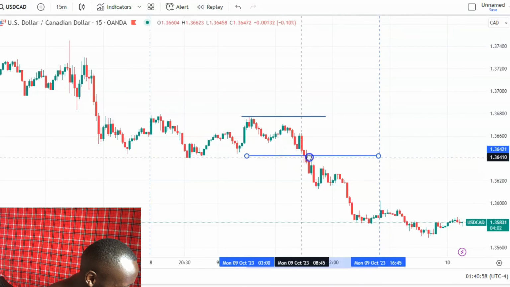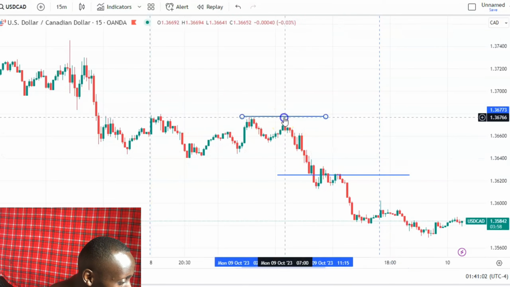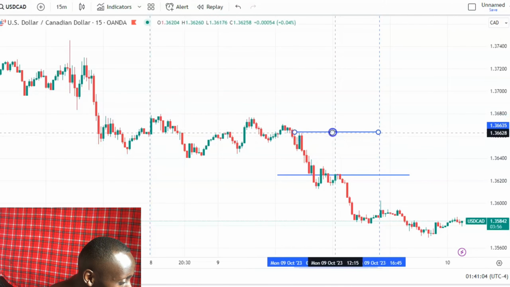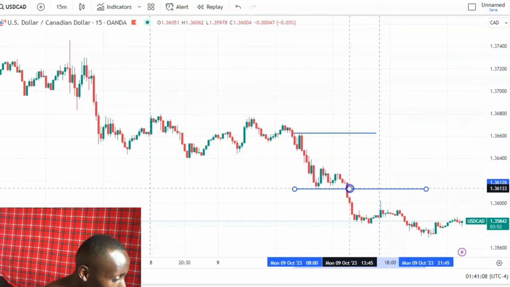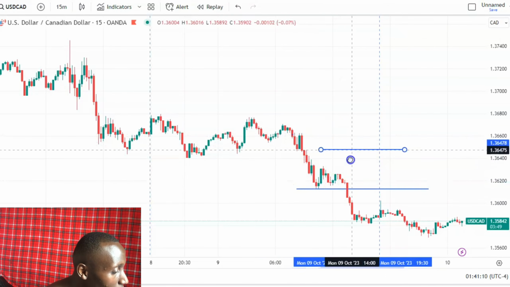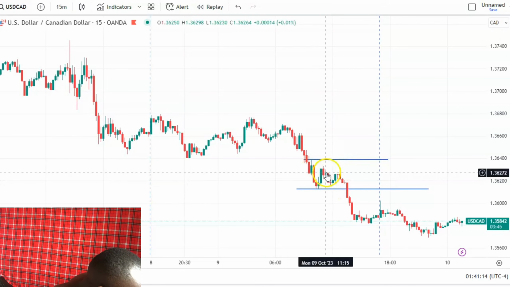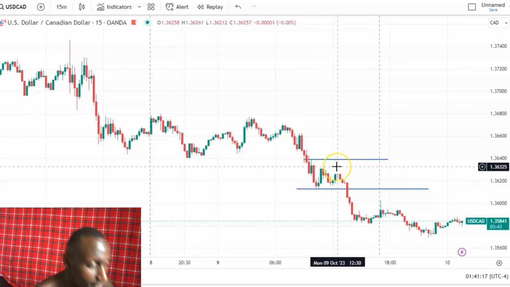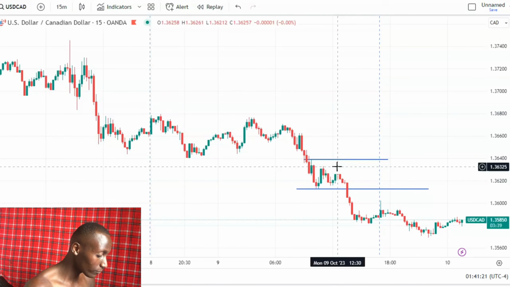And then once we break down, we have a new low and a new high. And then once again we broke down, we have a new low and a new high. So all these mini lower lows, lower highs inside, it's just noise, consolidation.